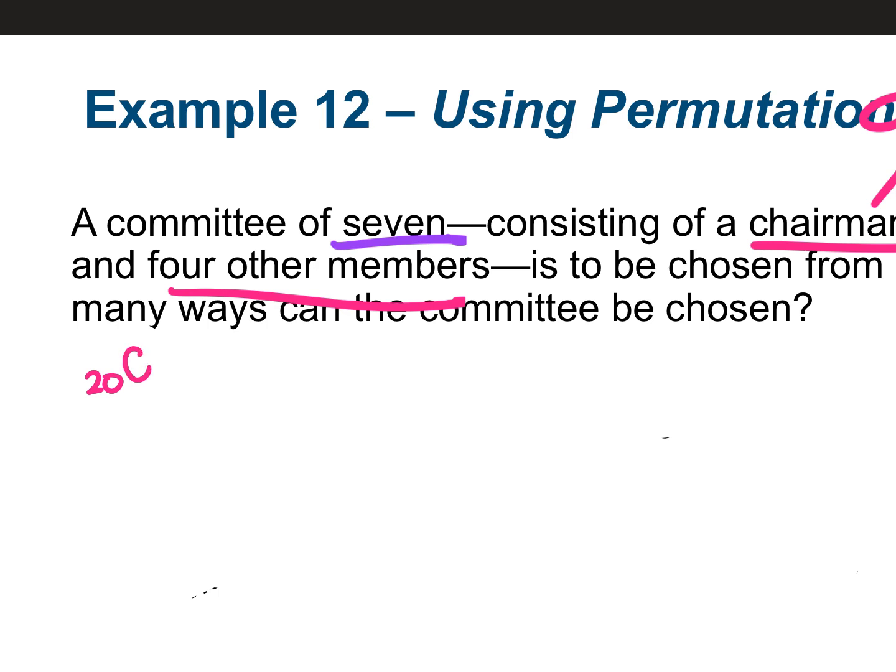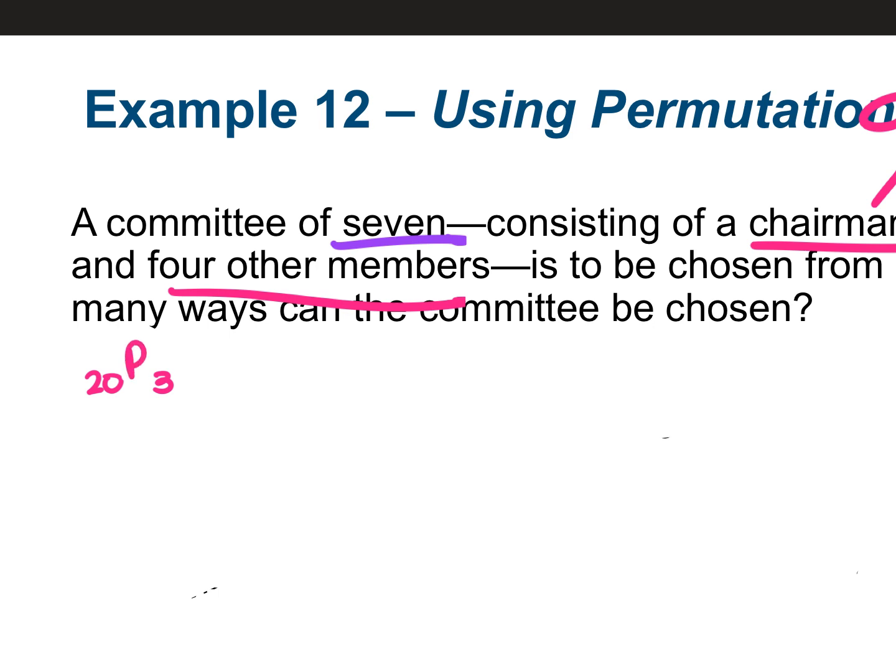Now, if you look here, the different jobs that we're looking at are the chairman, the vice chairman, and the secretary. So there's 3 positions there. So that means 3 positions out of 20 people. For the other instance, you have 4 members that can be chosen at random. So, sorry, this first one is a permutation, not a combination. This is a permutation because there's 3 distinct titles there.